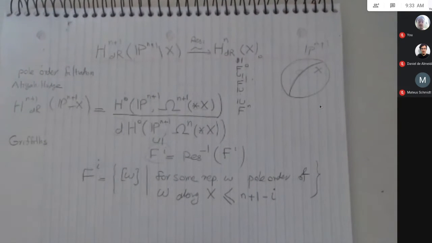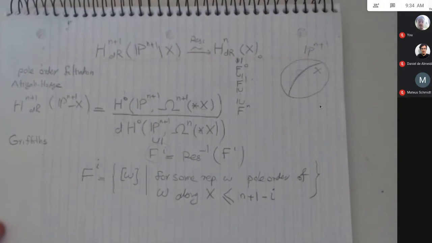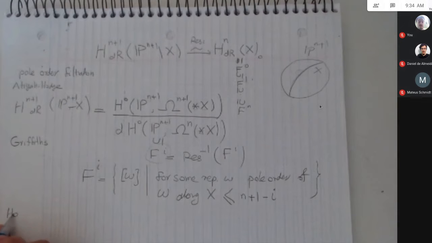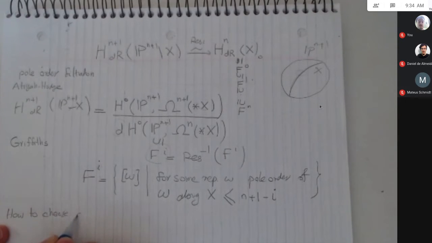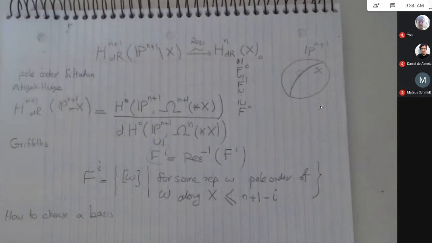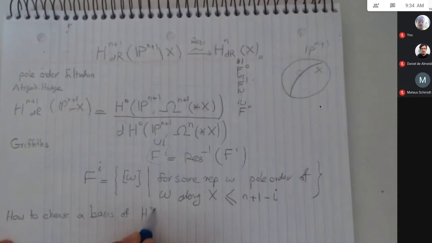Something else I also have to do is choose a basis. This is very important because I want to turn a lot of arguments in Hodge theory into linear algebra. We must be able to choose a basis of H^{n+1}.